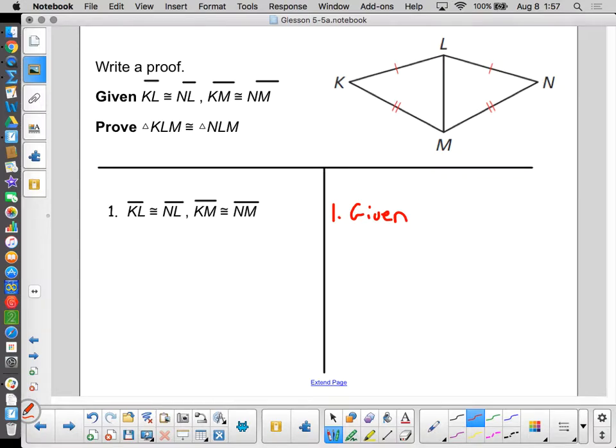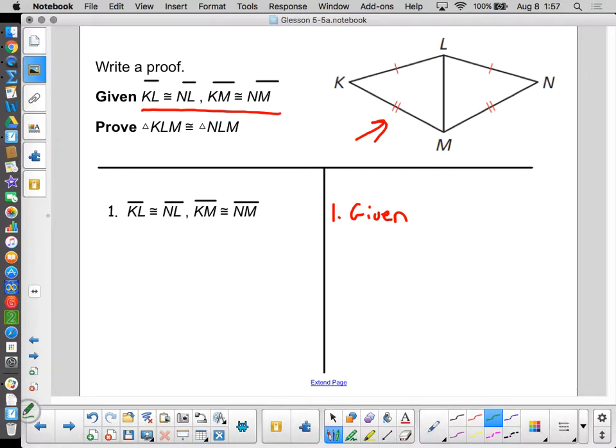Once you've exhausted the givens up here, then I look to the picture and say, what is given in the picture? In the picture, we're looking for some very specific things. We're looking for vertical angles and shared sides. So if we have two lines intersecting to form vertical angles, that's something we're going to probably be interested in.